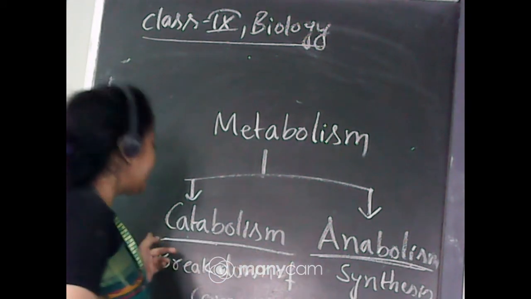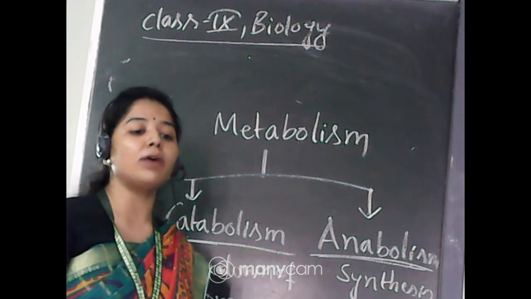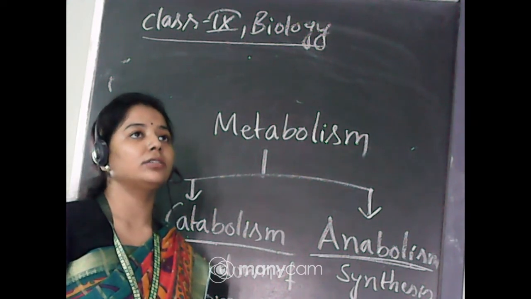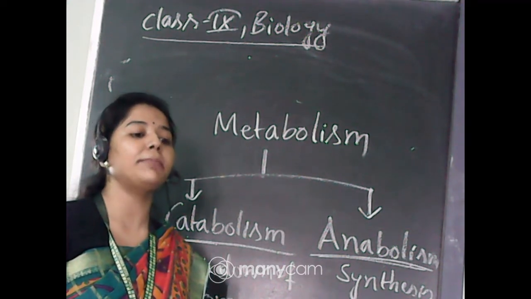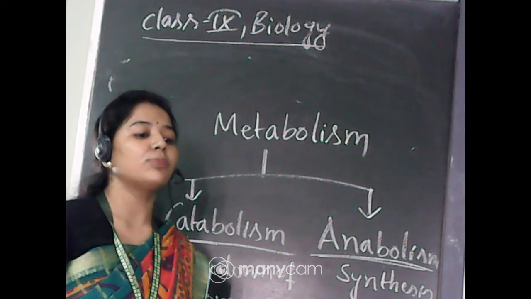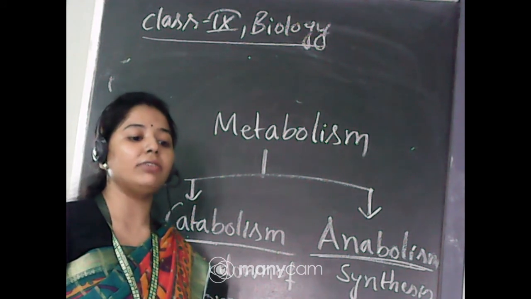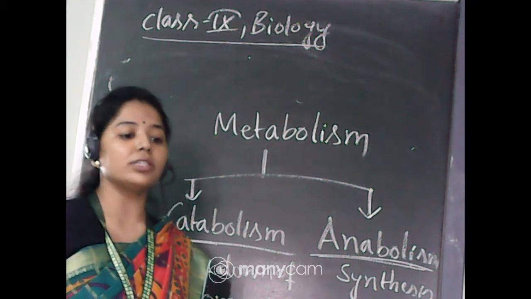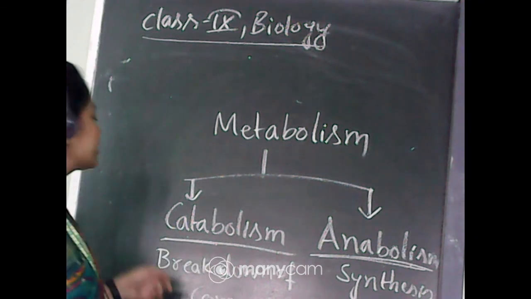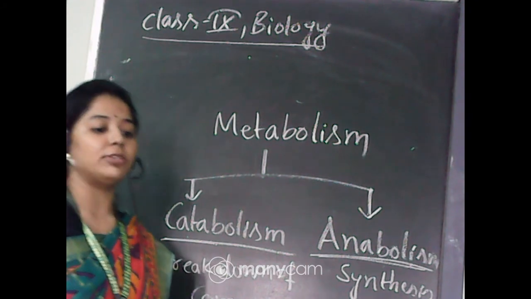Catabolism means breakdown of a compound to get simpler substances, such as, in the example I gave, during cellular respiration glucose is broken down into pyruvate. So we can say this is a catabolism reaction.